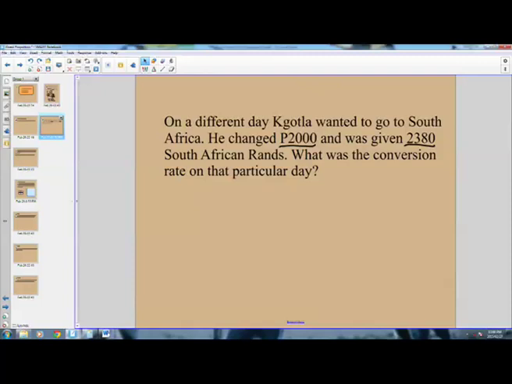So this person has got 2,000 pula, but then upon changing to the South African rands, he got 2,380. Then we find out what the conversion rate was on that particular day. So we are simply saying 2,000 will give you 2,380 rather. This is what we have.